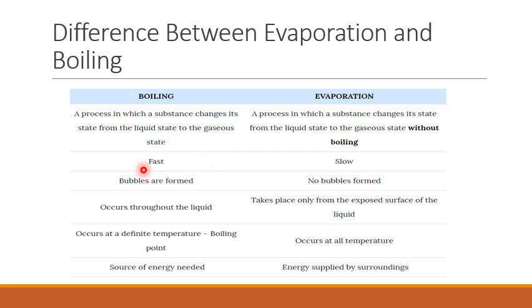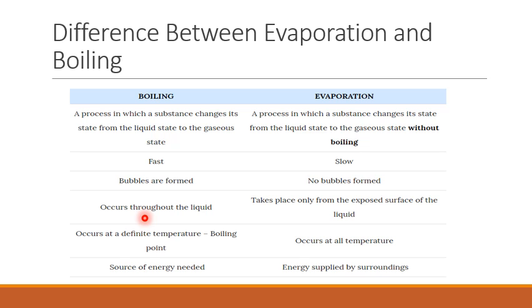Boiling is a fast process, whereas evaporation is a slow process. During boiling, bubbles are formed in the liquid, whereas during evaporation no bubbles are formed.